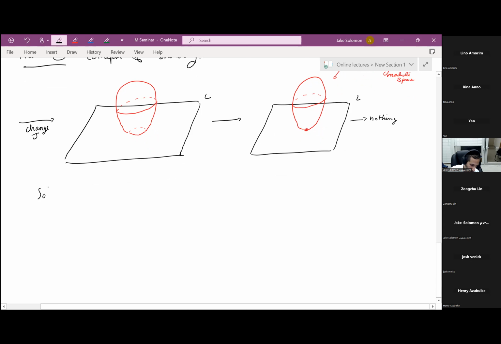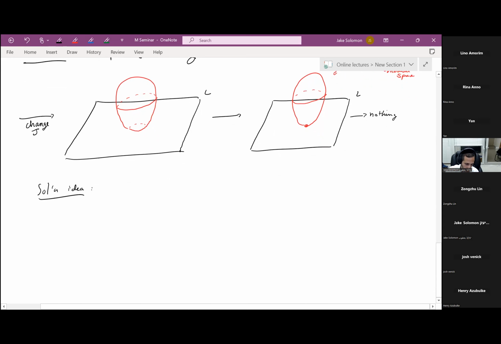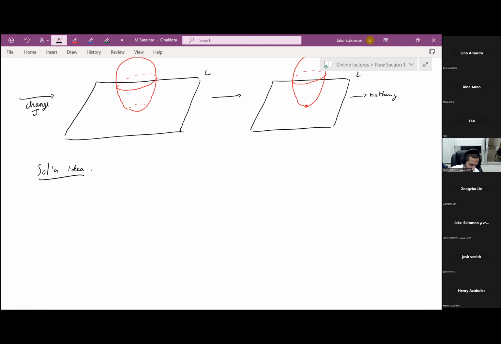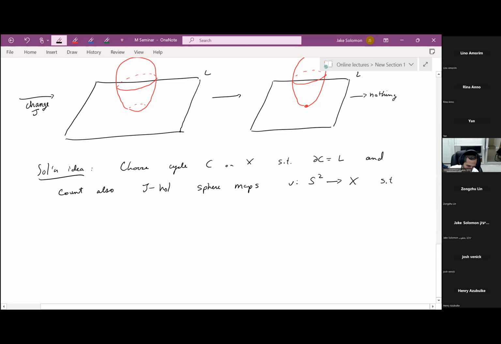So the solution idea is that you can choose a cycle C on X such that the boundary of C is equal to L, and then count also J-holomorphic spheres that intersect C.